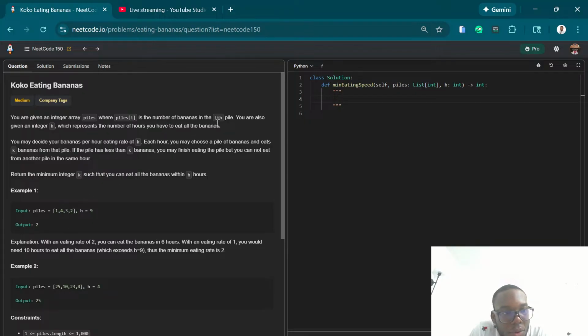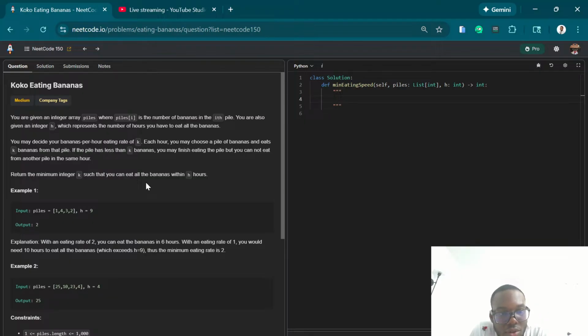There are 4 bananas in the first pile. We are given an integer h, which represents the number of hours. You have to eat all the bananas. You may decide your banana per hour eating rate, which is k.